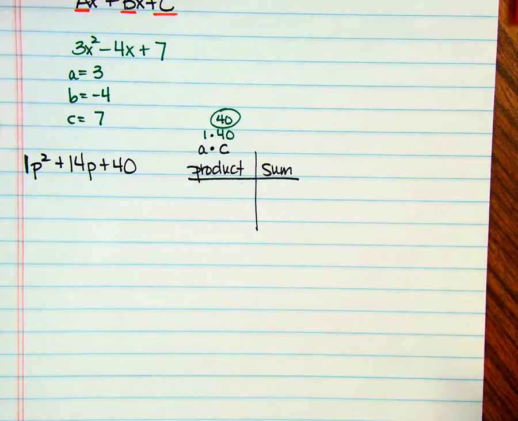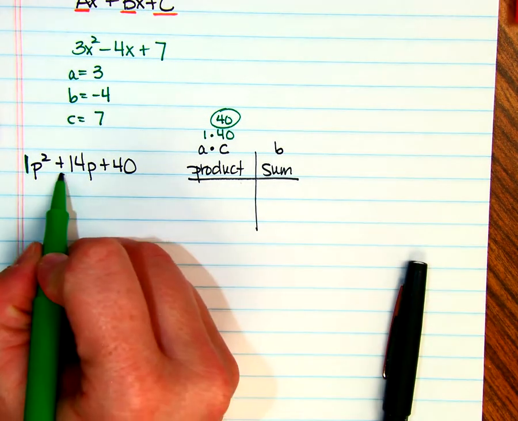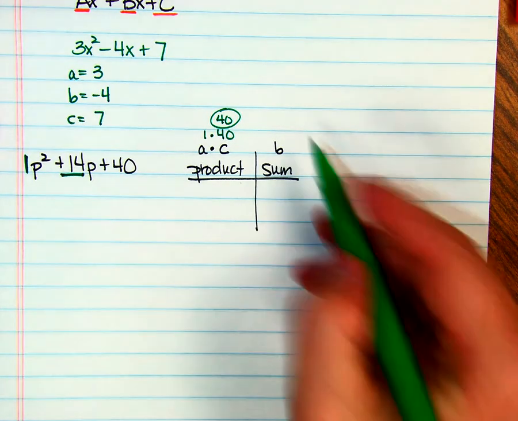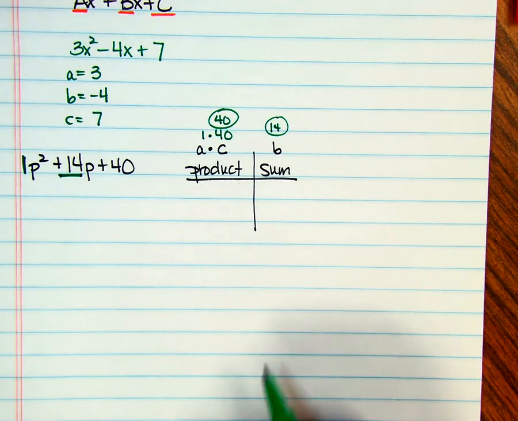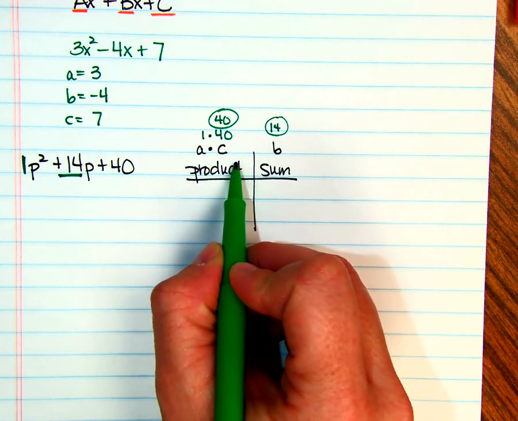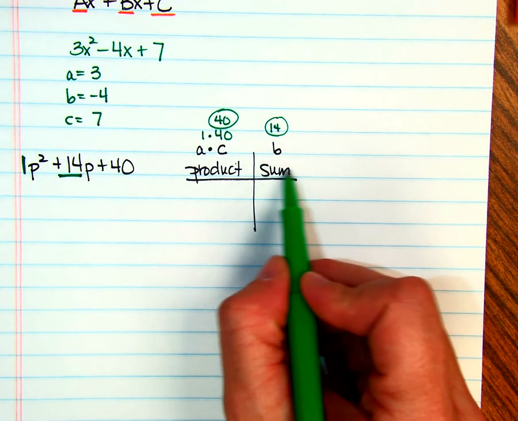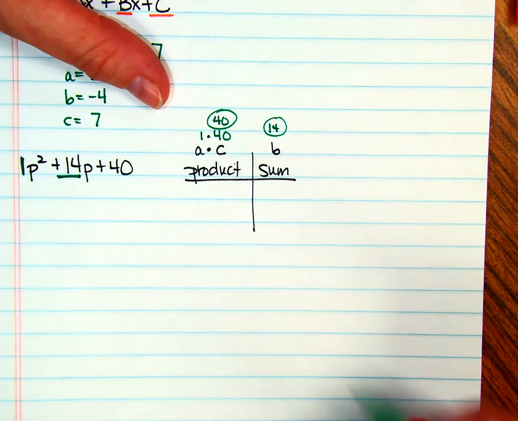My sum is b, and so in this case my b is 14. So I need to think of two numbers that multiply to give me 40, but add together to give me 14.